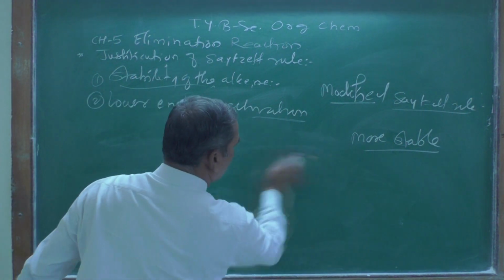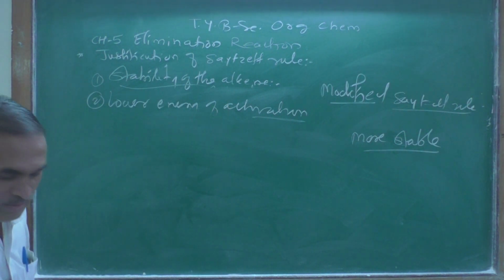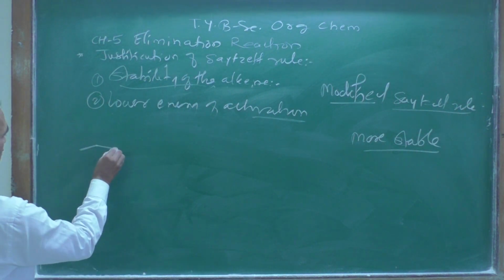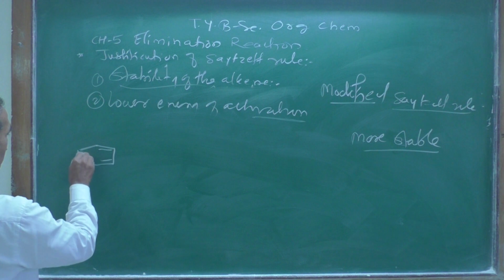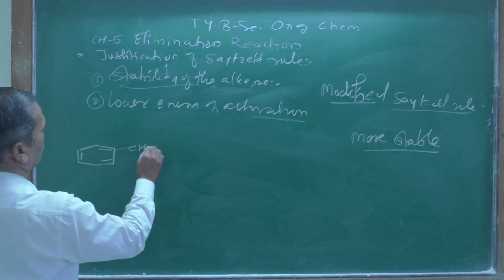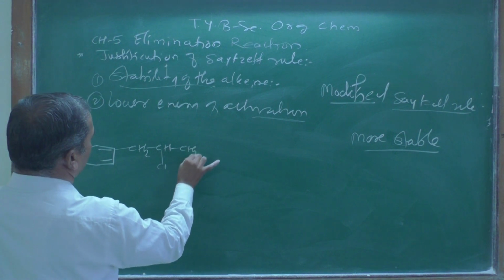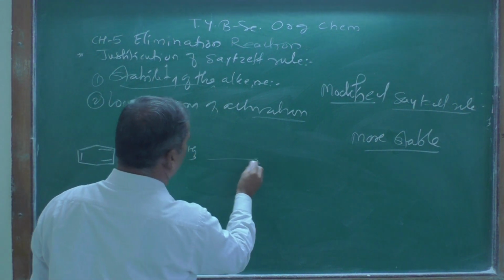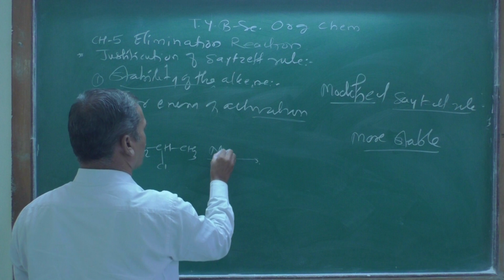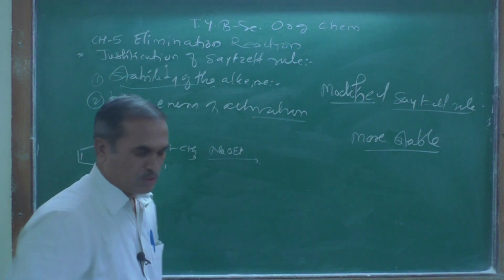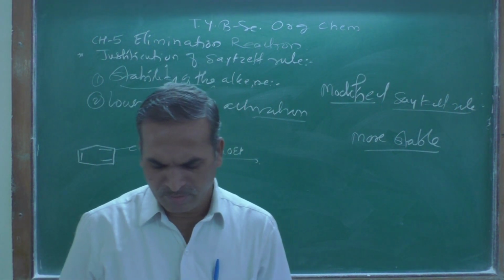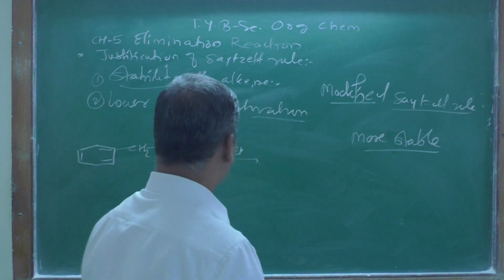Let me show that clearly: CH2, CH, then Cl, CH3. This will be treated with sodium ethoxide in OEt. What will be the product you are going to get over here?